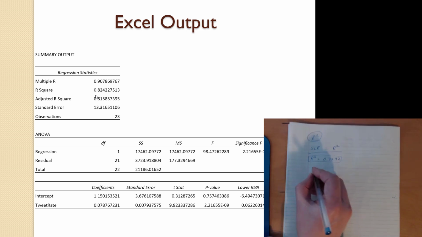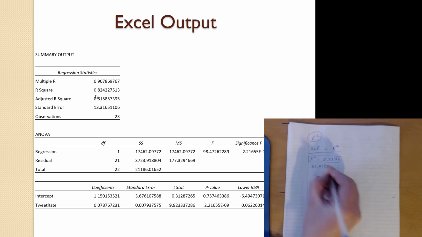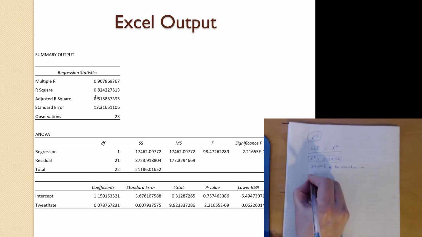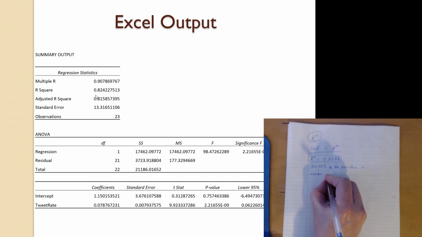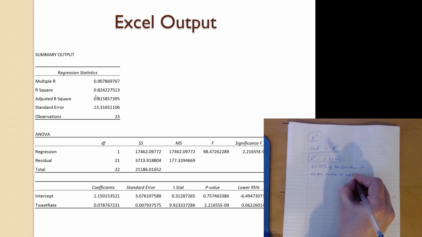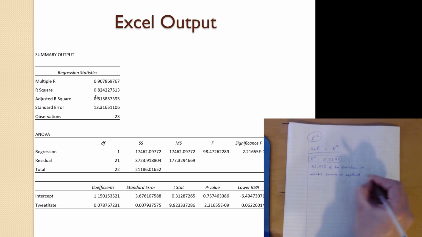So what does that tell us? This tells us that 82.42% of the variation in movie revenue is explained by our model.